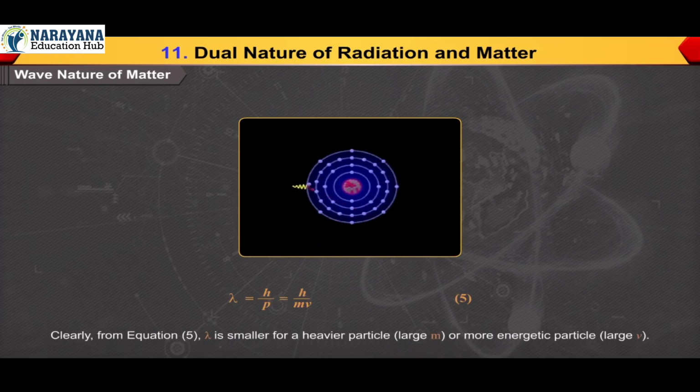Clearly, from equation 5, lambda is smaller for a heavier particle, that is large m, or more energetic particle, that is large v.